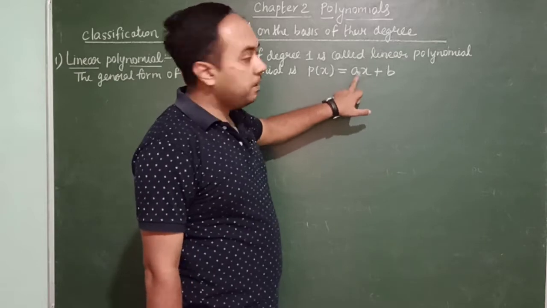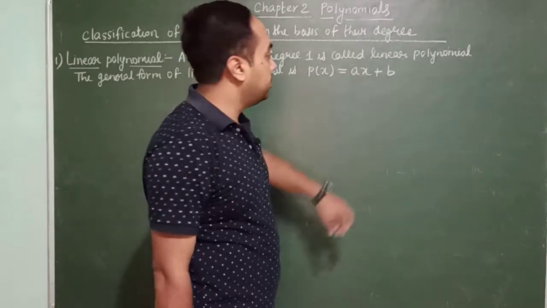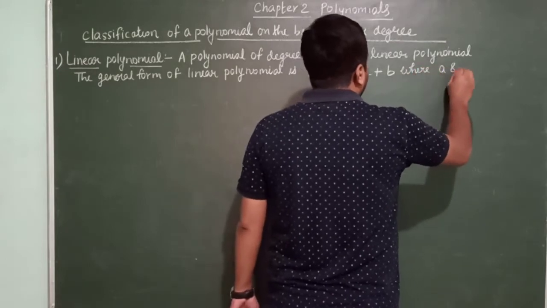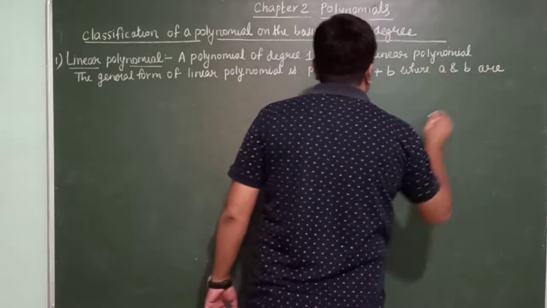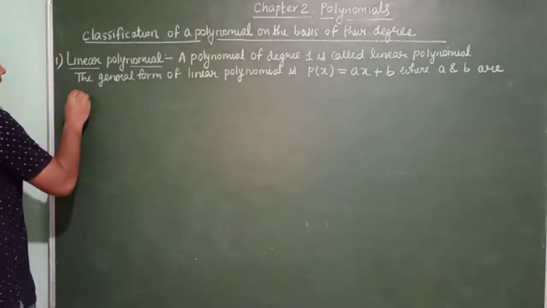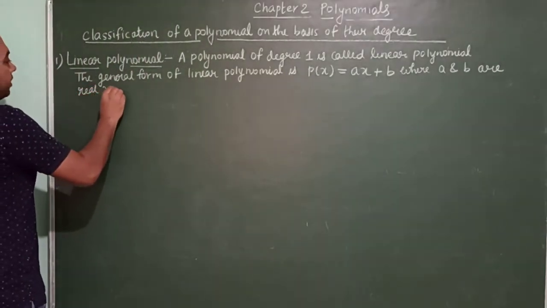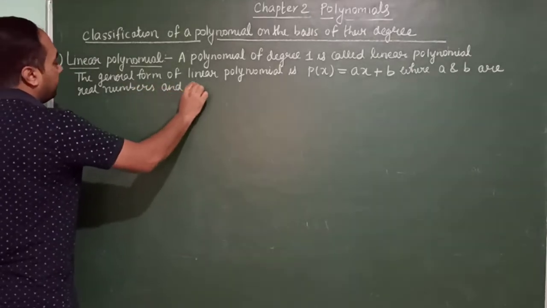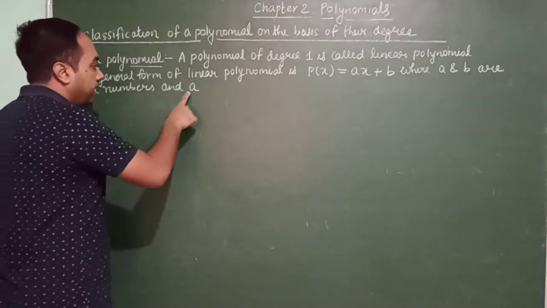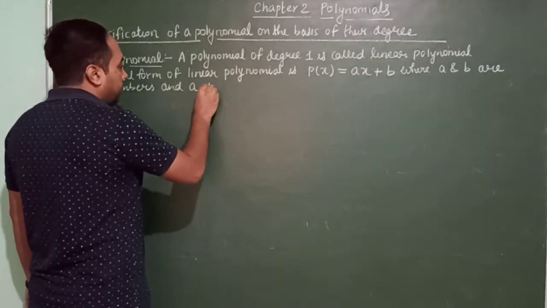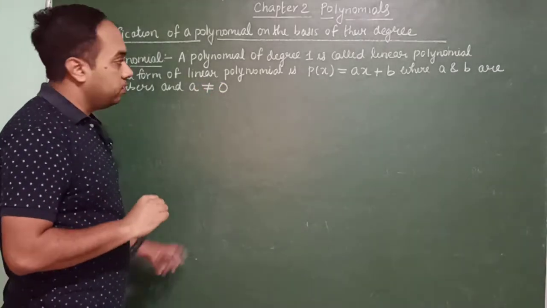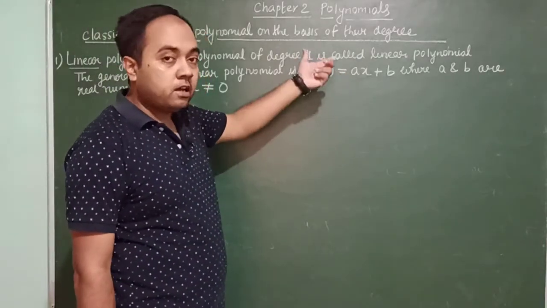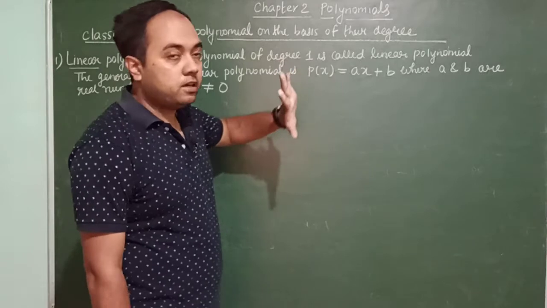X over here is the variable, and a and b both are real numbers, where there is one condition: this a cannot be equal to 0. We cannot replace this a by 0. We can replace this a by any real value except 0. This is the condition over here.